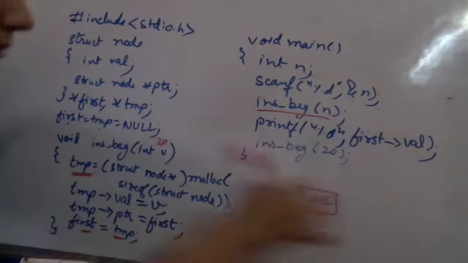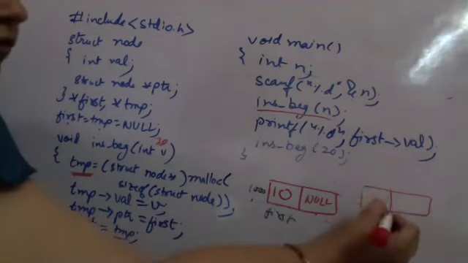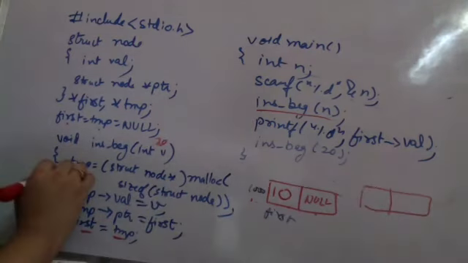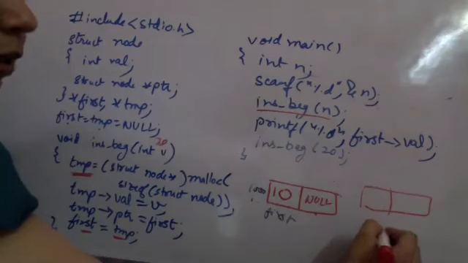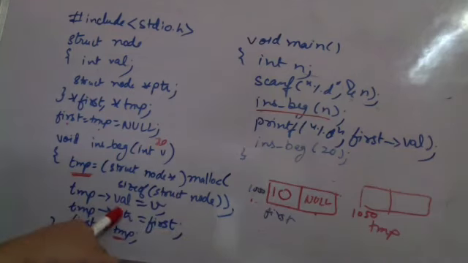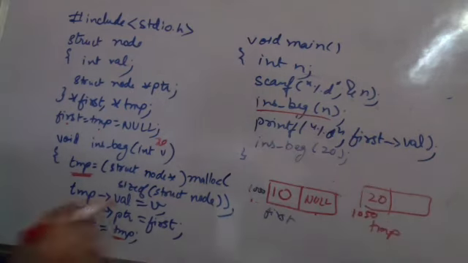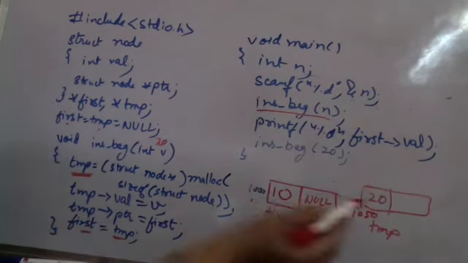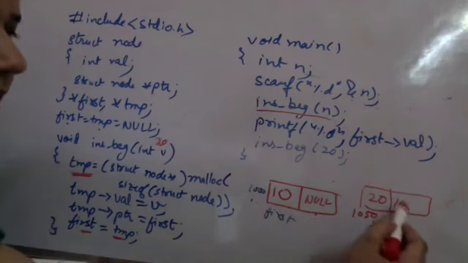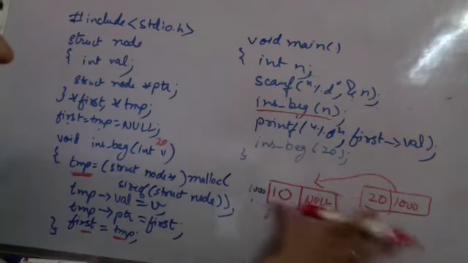So malloc is called, memory is allocated of the size of structure for the value and the pointer, given to temp. So temp is pointing to this, supposedly an address of 1050. Just taking an example. Temp value is equal to V. So the temp value is equal to 20. Temp pointer is first. This means this is having 1000. It is pointing to this and I am moving first here.